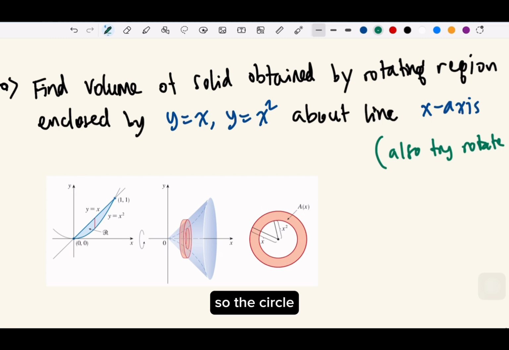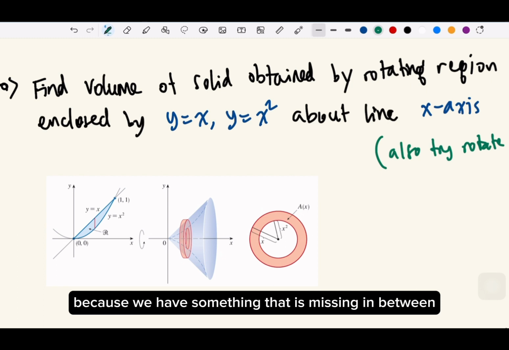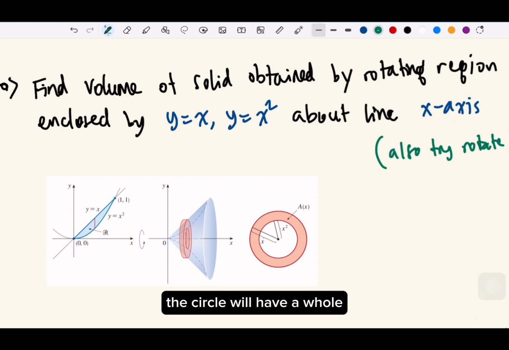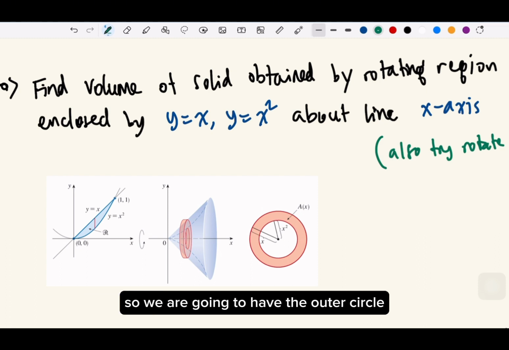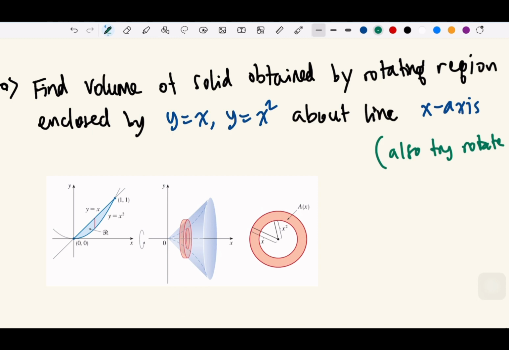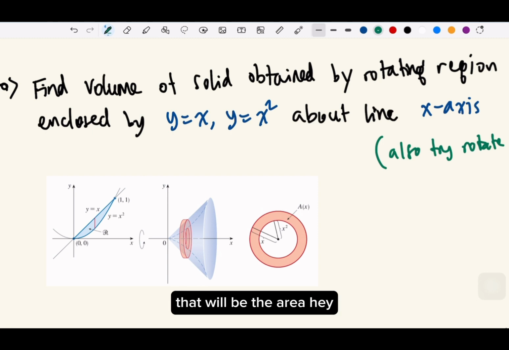Because we have something that is missing in between, the circle will have a hole. It's not a full circle. So the circle will be like this, or we can see from the top, this is the area that we want to find. So there will be some hole that we need to define in our calculation. So we are going to have the outer circle minus the inner circle. That will be the area. Okay?